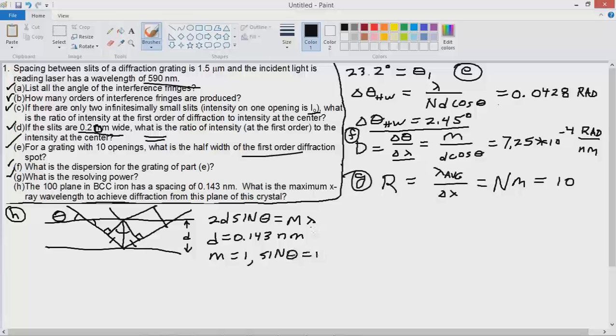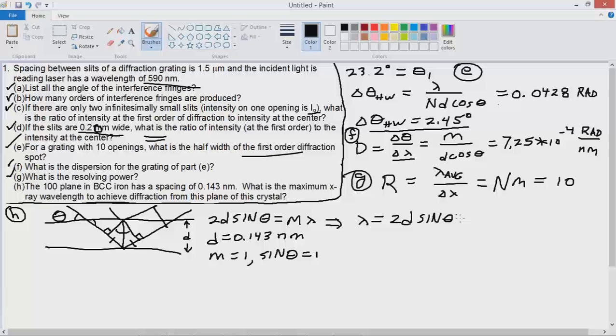So we make wavelength bigger, we make sine of theta bigger. So what is the maximum wavelength we need to cause Bragg diffraction? And that would be these conditions here. Solving for wavelength, 2d sine theta, crunch the numbers.